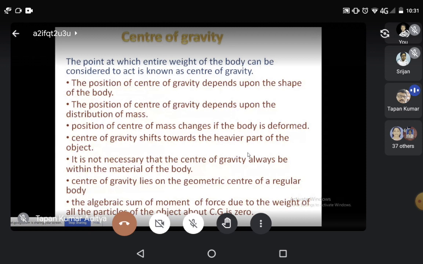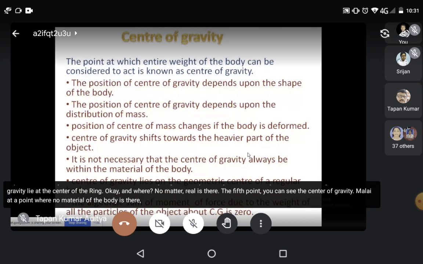The fifth point, you can see the center of gravity may lie at a point where no material of the body is there. Example is the position of center of gravity of a hollow object.